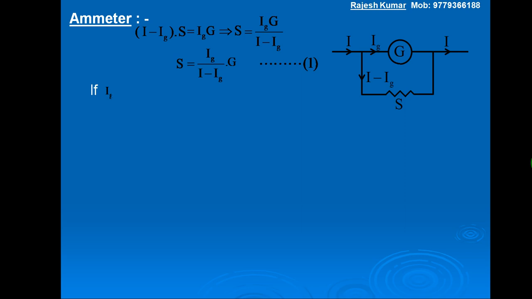Now if Ig is very much less than capital I, then I minus Ig is nearly equal to I. Therefore, in this case, S is equal to Ig upon capital I into G, the resistance of galvanometer. Let it be equation number 2.